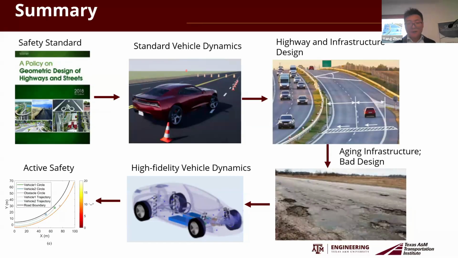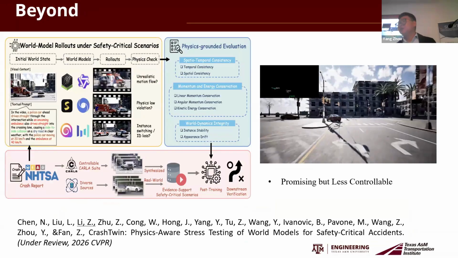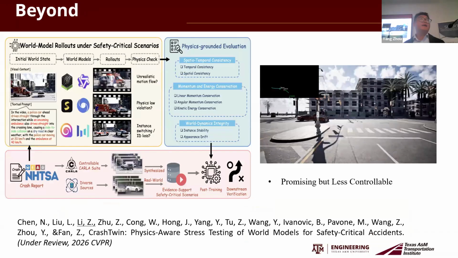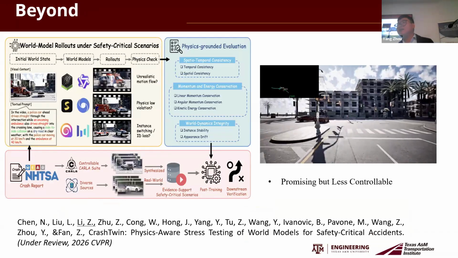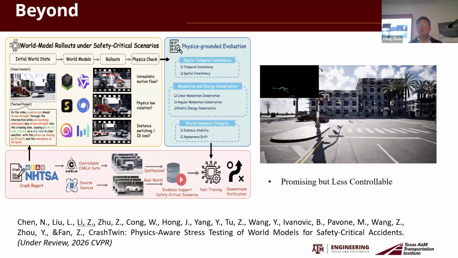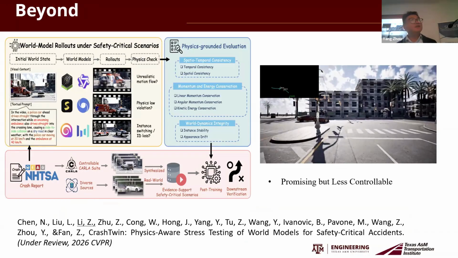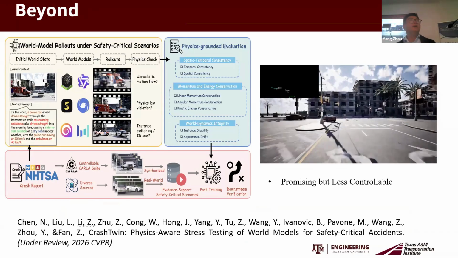So nowadays, especially, we have generative AI, or large language models, right? So the question is, can we really leverage generative AI in the field of active safety analysis? And here is some work that I participated in.